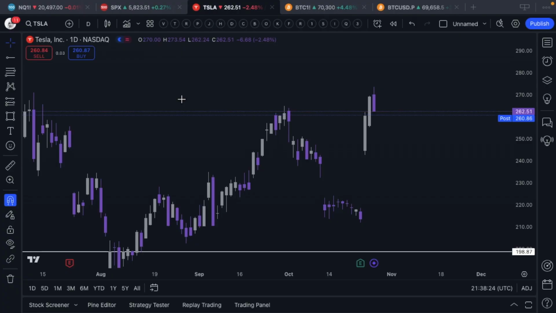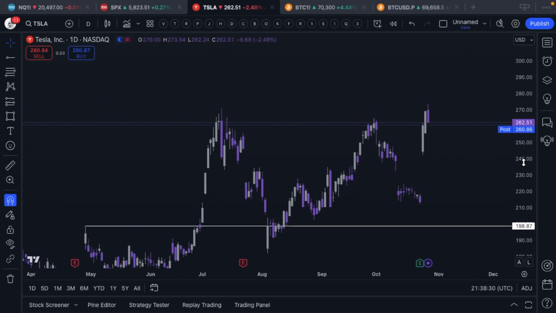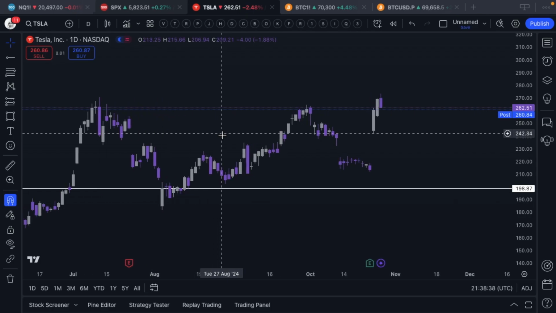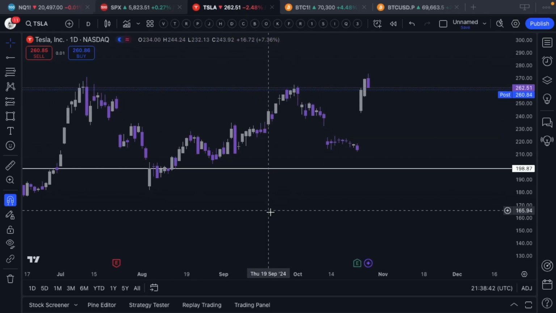Then give them a shot on things like Tesla, Nvidia, Google, Apple. Try some Forex pairs. Try your indexes, your NASDAQ, your SPX, your DAX, your Dow Jones. Play around with this stuff as much as you can.